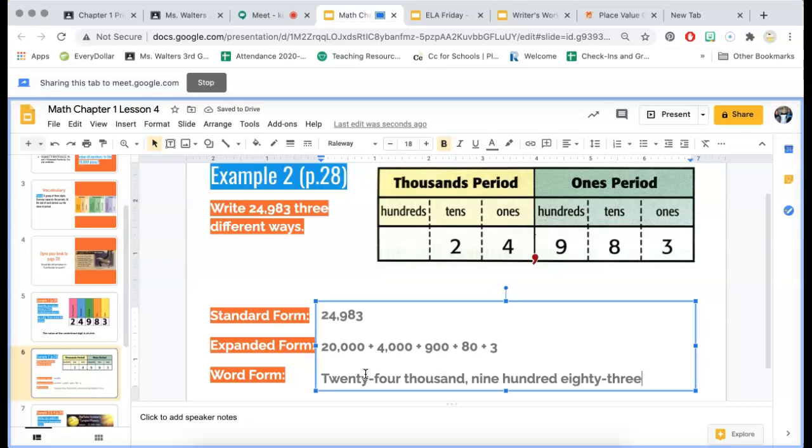Okay, and we put that comma after the word thousand because that separates these two periods. This is the ones period, this is the thousands period, and there's a comma in between them. So when we're writing the word form, we put the comma after the word thousand to show the separation between the periods.